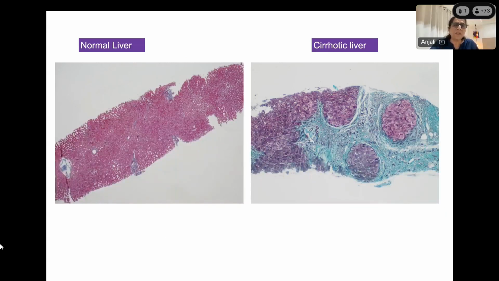On left-hand side is normal liver, where you can see portal area, zone 1, zone 3, and in between hepatocytes, absolutely normal, no inflammation, no fibrosis. As against that, on right-hand side, you can see extensive fibrosis and almost development of cirrhotic nodules. So this is an example of liver cirrhosis. Compare left-hand side versus right-hand side: left-hand side is normal liver and right-hand side is cirrhotic liver.